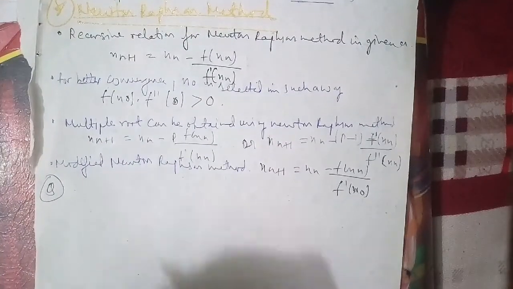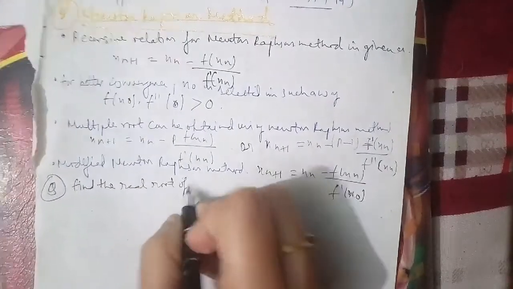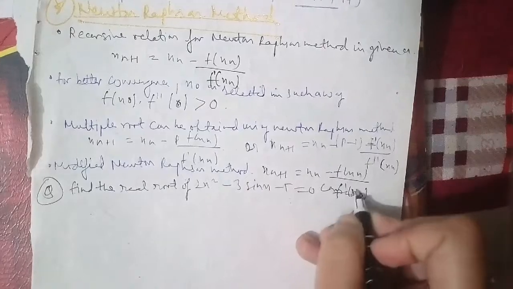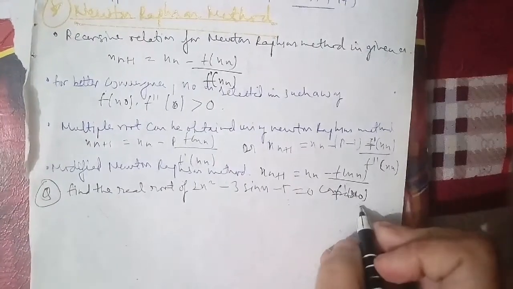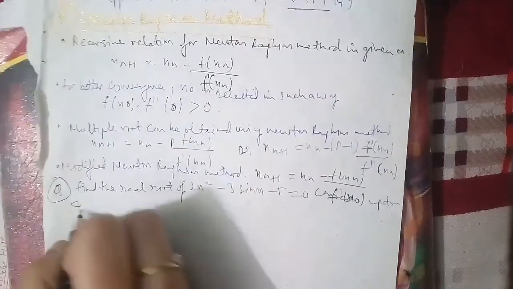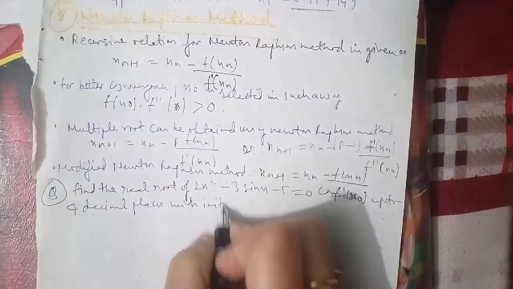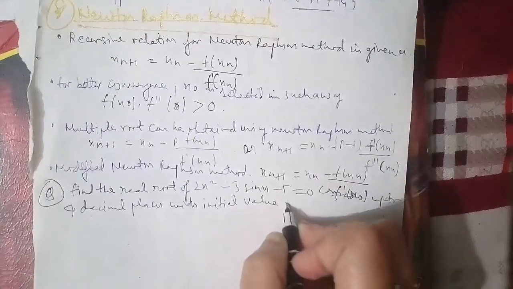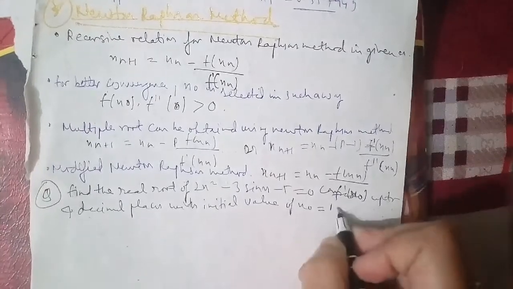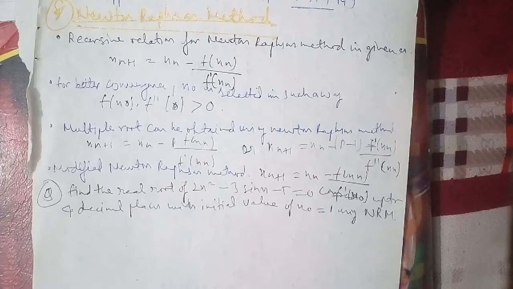The question is: find the real root of 2x squared minus 3 sin x minus 5 equals 0, correct up to 4 decimal places, with initial value x0 equals 1, using the Newton-Raphson method.